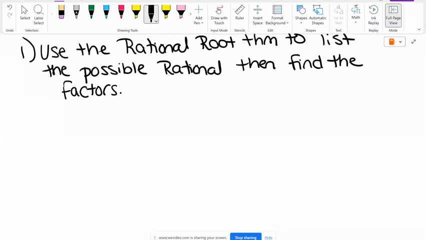And our equation is going to be 2x cubed plus 3x squared minus 8x plus 3 equals 0.